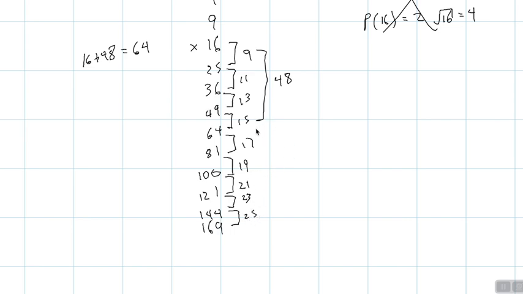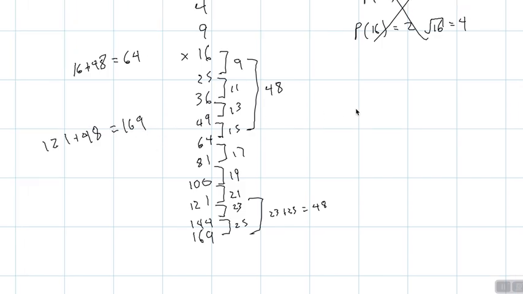And yes, you can add 48 to each of these, and you'll find that the only one that is a square again is when you jump from 121 to 169, and we can see 23 plus 25 is 48. So it's true that 121 plus 48 is 169.